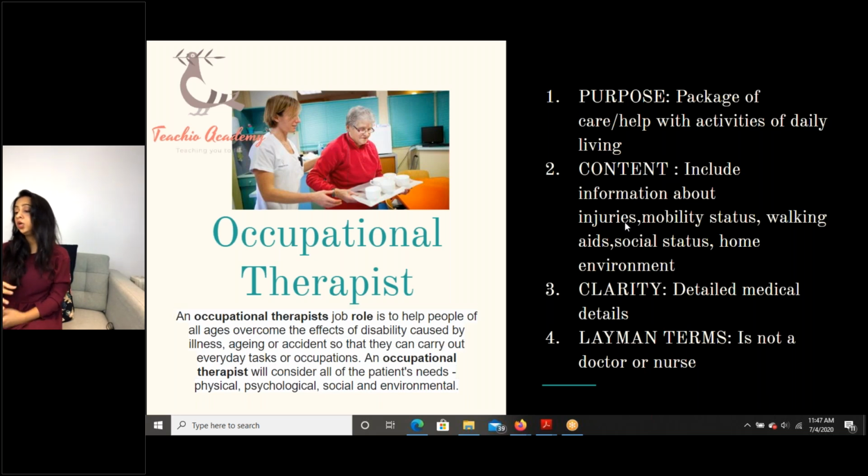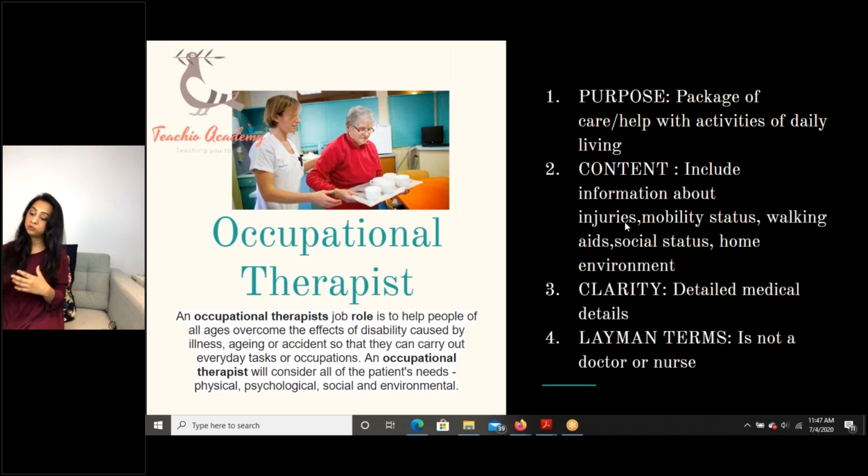They don't want to know if they've had a 3 centimeter subdural or a 5 centimeter subdural hematoma, because they're not actually going to deal with this. They just need to do what they are supposed to do, what they specialize in. So detailed medical things aren't going to be included in a letter to an occupational therapist.